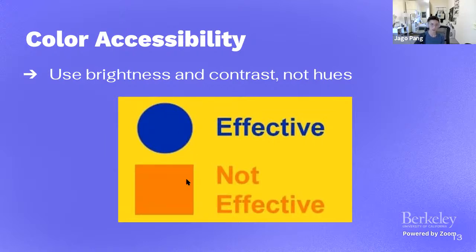For example, blue and yellow are near opposites on the color wheel, so there's more contrast between those two colors compared to orange and yellow, where orange is the next color to yellow.